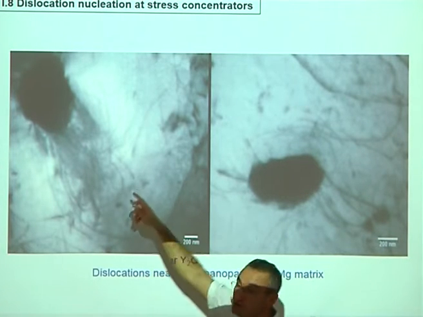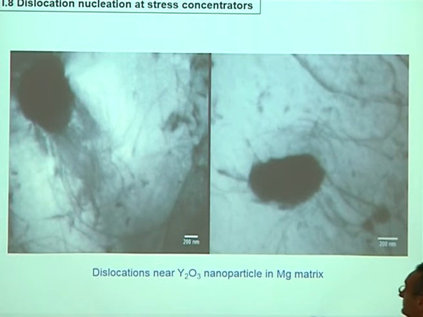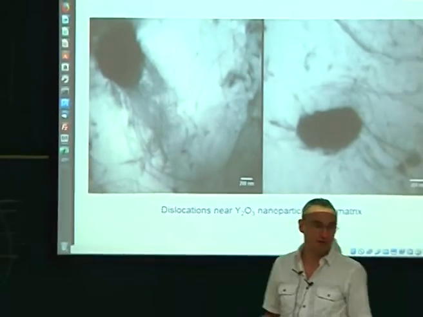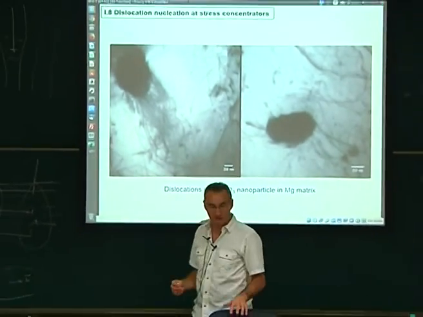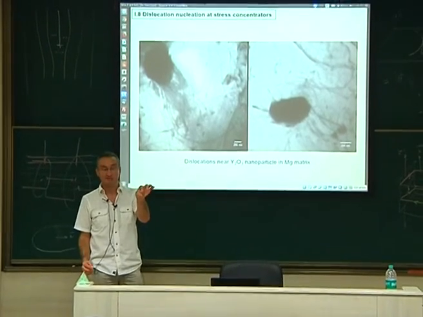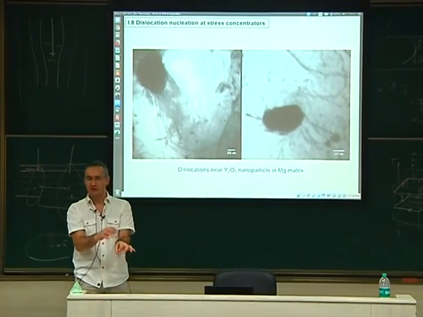You can see clearly those dislocations located at the particle. Because of this stress, dislocations will be nucleated there and may accommodate plasticity. In textbooks, I didn't have time to take the picture of this, you can find a very nice spherical particle that was quenched inside the aluminium matrix.